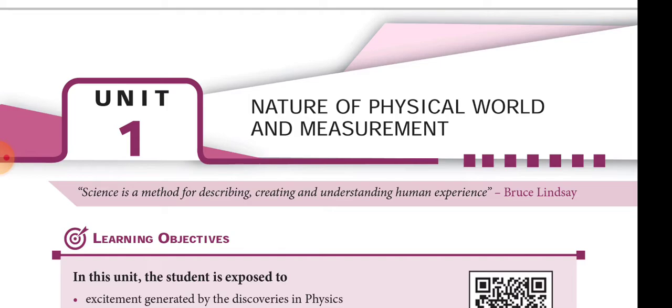First of all, we already know what we mean by science, how the word is derived, and what the meaning of science is: knowing the truth. Second, we go through the topic of the scientific method.